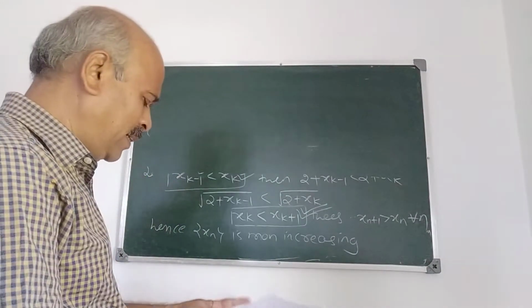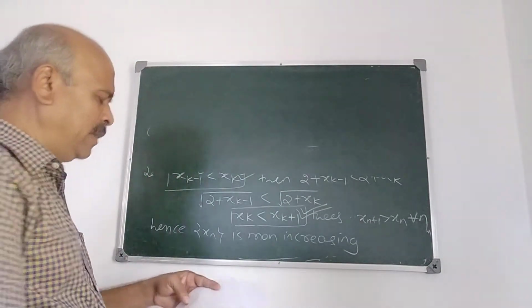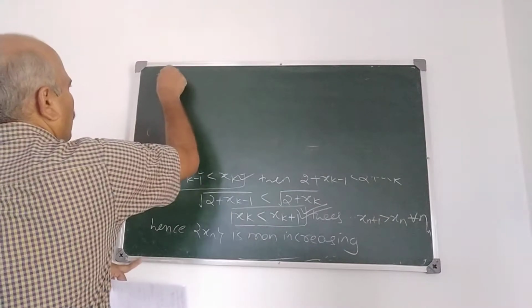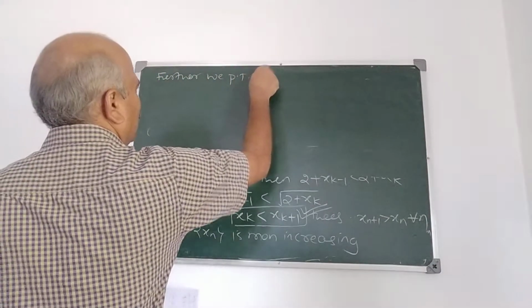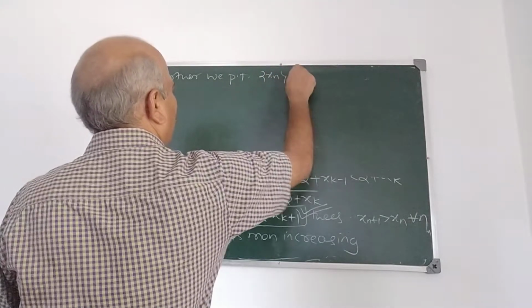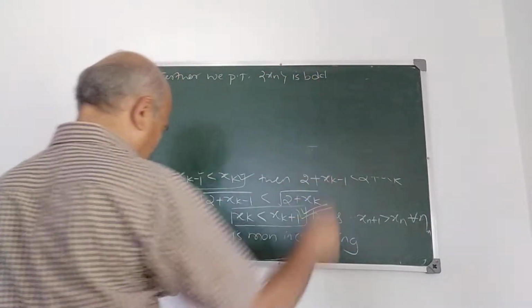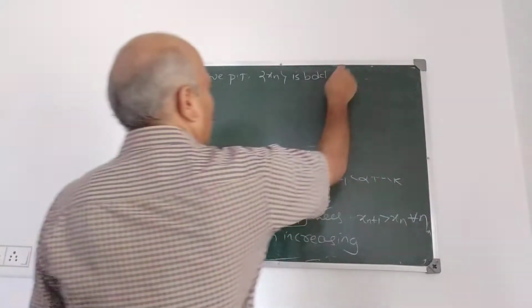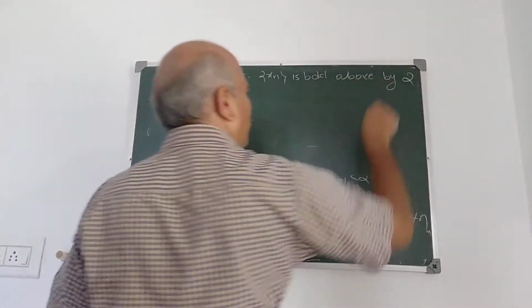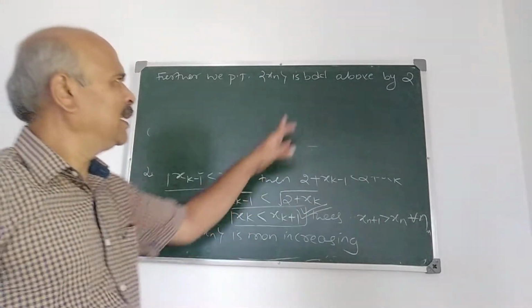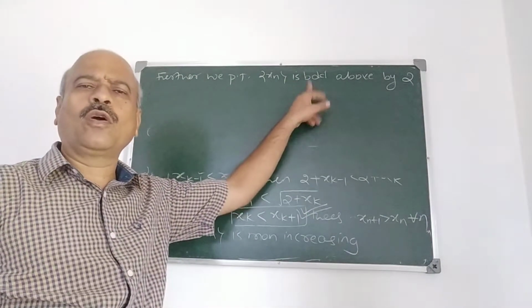Next we prove that xn is bounded. Further, we prove that the sequence xn is bounded above by 2. Bounded above by 2 means we prove that xn is less than or equal to 2 for all n.